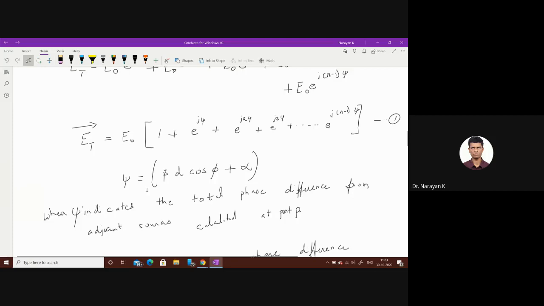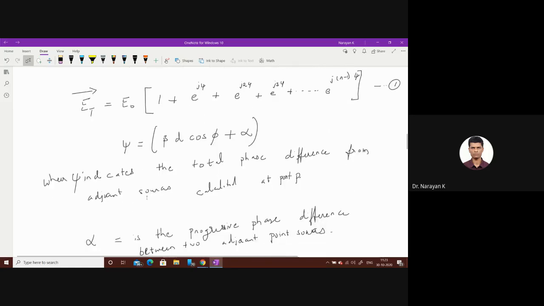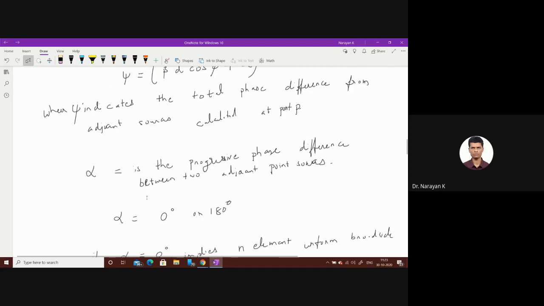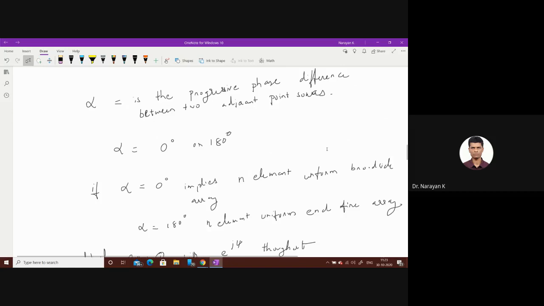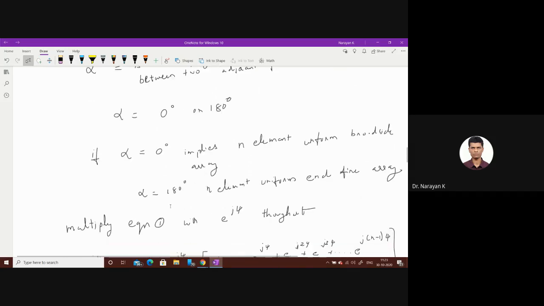Then we have defined psi equal to beta cos phi plus alpha, where psi indicates the total phase difference from the adjacent sources calculated at point P, and alpha is the progressive phase difference between the two adjacent point sources. Alpha can be 0 or 180 degrees. Alpha equal to 0 implies an n element uniform broadside array, and alpha equal to 180 degrees implies an n element uniform end fire array.